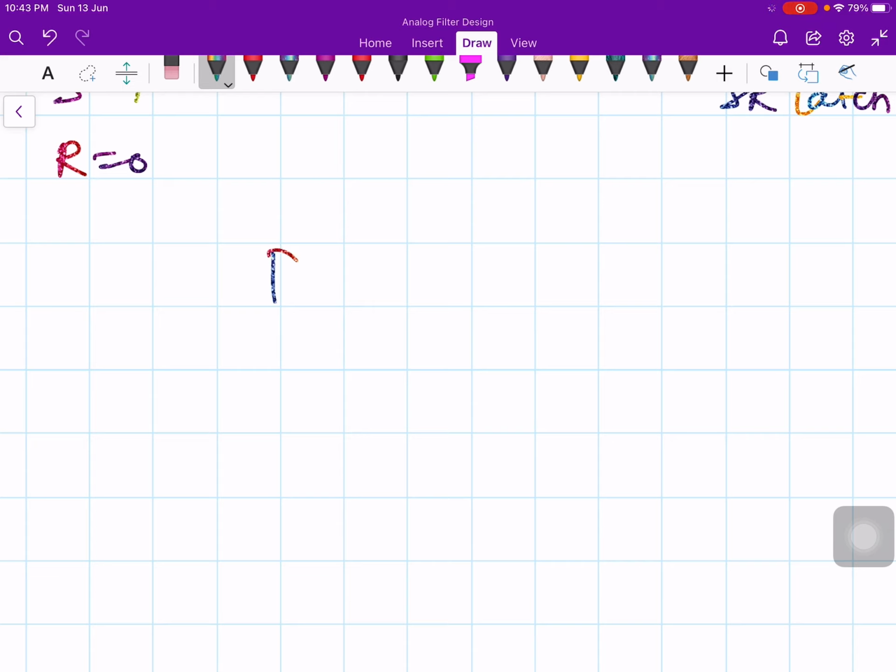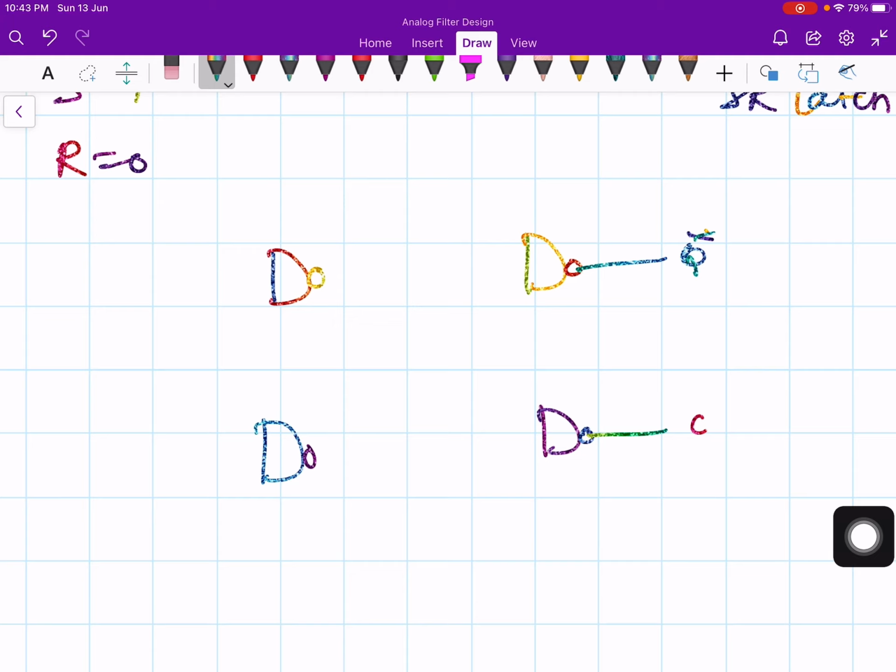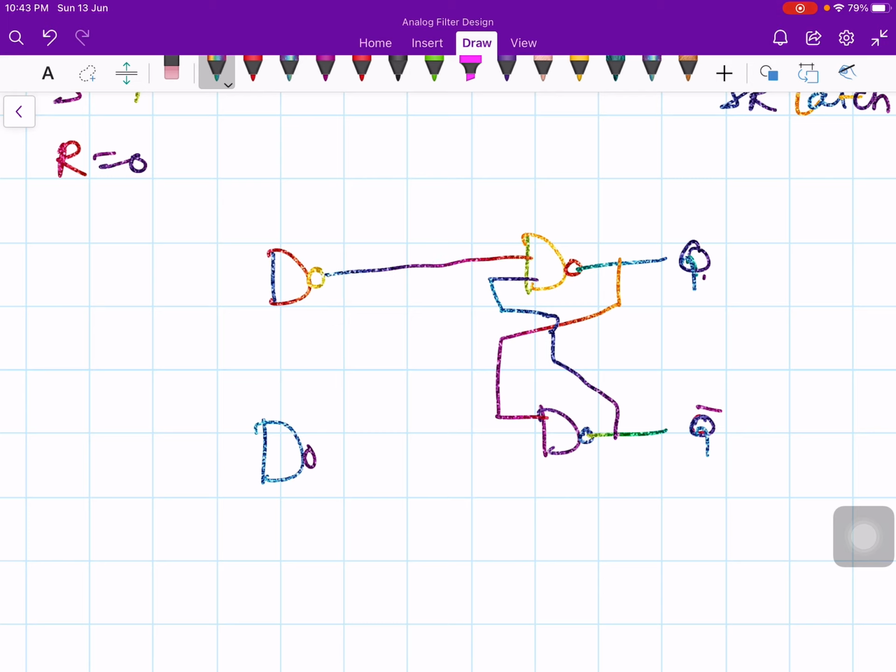Okay, so you put 4 NAND gates like this. That is Q and Q bar, and this output is fed back here, this one is connected here, and this is connected here.